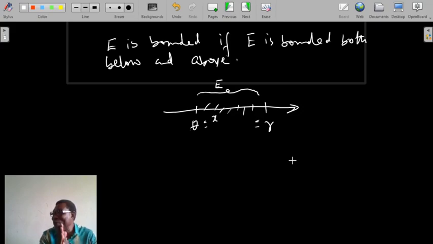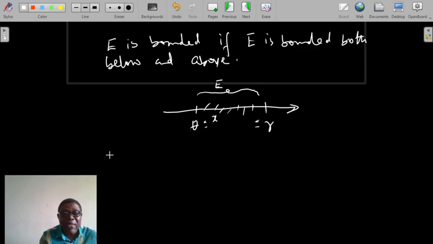What is the soup we are cooking? We are trying to make listeners understand properly the concept of the greatest lower bound and the least upper bound, the concept of infimum and supremum. So in today's lecture, we pay more attention to the concept of supremum, and we'll go straight to the characterization.